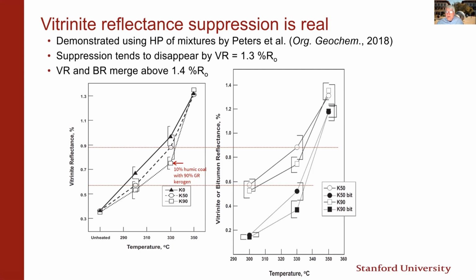And this is because the components of the oil are actually chemically reacting with the vitrinite to make a more hydrogenaceous material, which has a lower reflectance, as we talked about earlier.